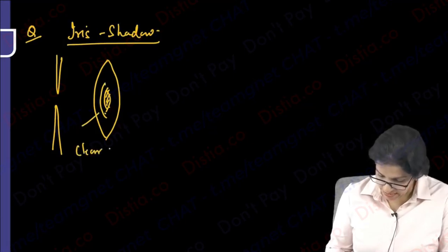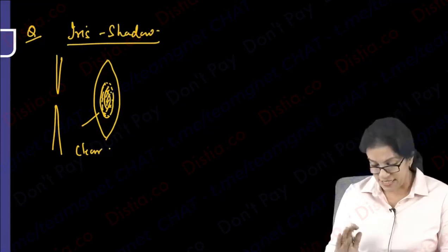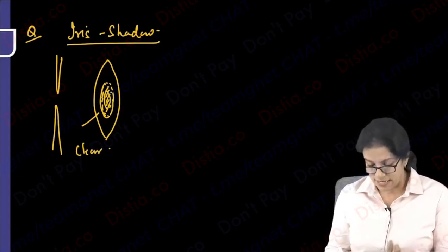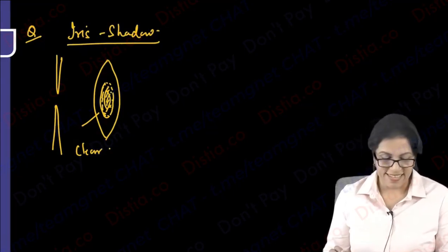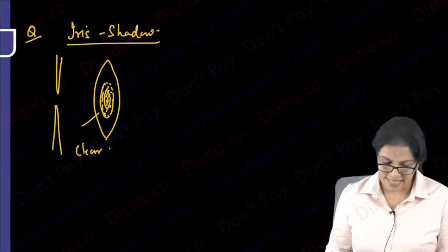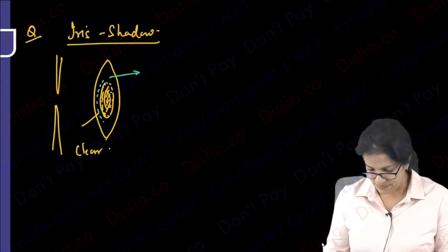Suppose this is the cataractous change and this part is opaque. So, when there is a clear area, the shadow of iris will fall on the lens. And this on the lens is what is called iris shadow. Shadow of iris on the lens.